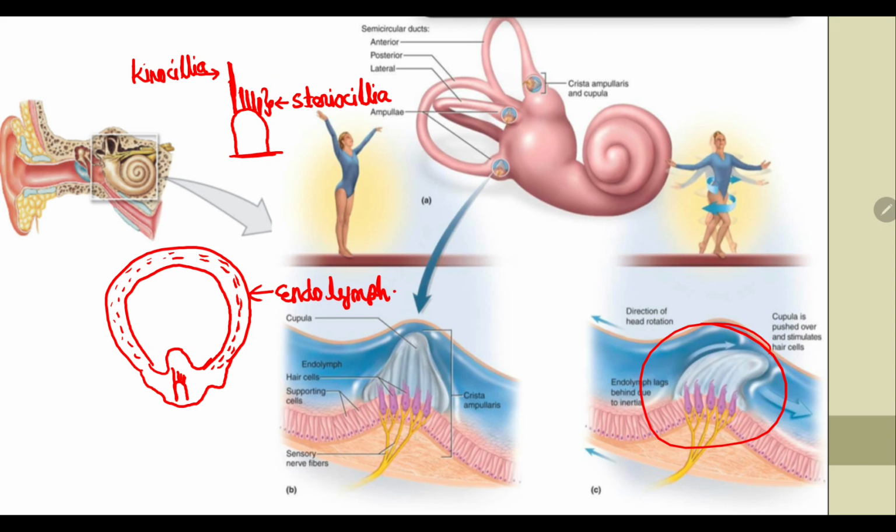Okay, what you can do, you can move your neck left side, you can move your neck right side also. You are rotating either clockwise or anti-clockwise. Yeah, this is possible, right?